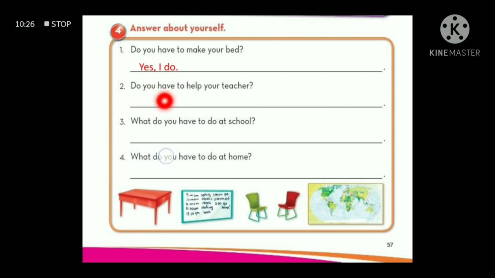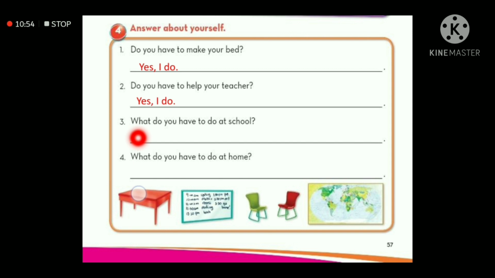Do you have to help the teacher? We said help the teacher بمعنى يساعد المعلمة. So, this is also a yes or no question. إذا رح يكون الجواب يا رابع yes, I do. Question number 3. What do you have to do at school? ونلاحظ إنه هون it start with WH word.